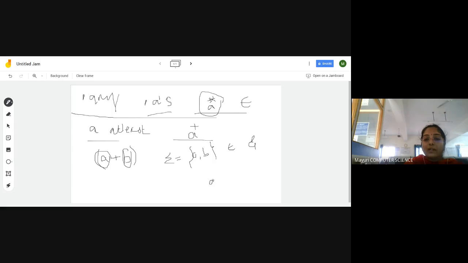Any number of A's and B's, so either A or B, both will be included. I have to make a star. So this will include the null string also.